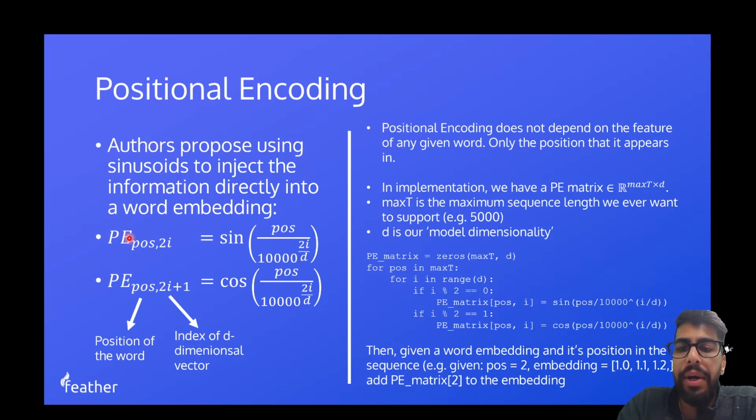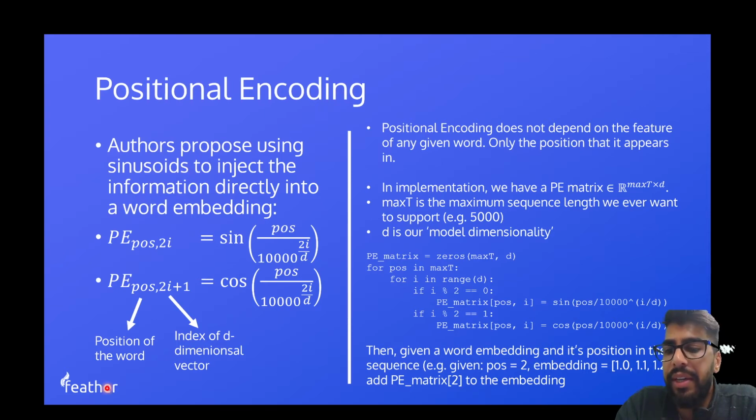So our positional encoding formula uses sines and cosines, okay? And here, pos refers to the position of the word. So authors is position 1, propose is position 2, using is position 3. And i refers to the index inside of a hidden vector.